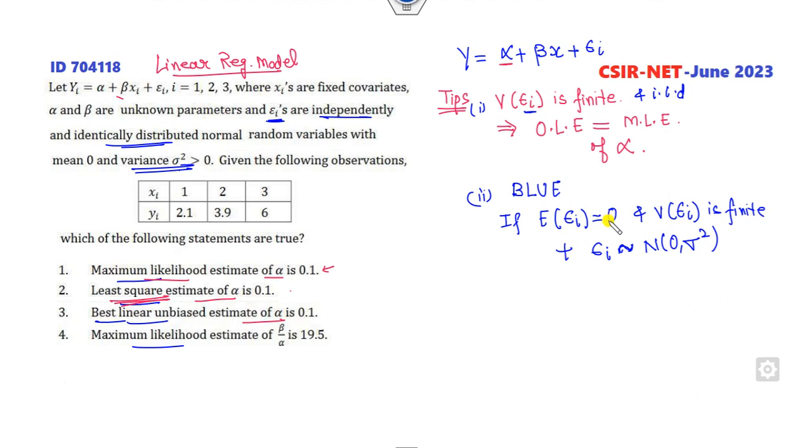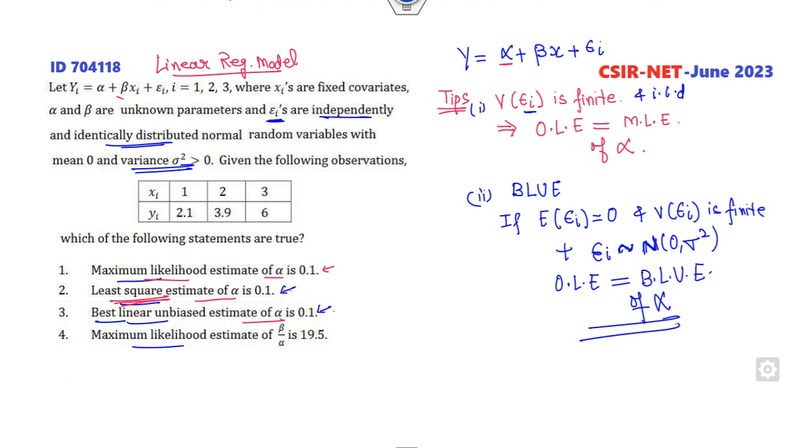Epsilon i can be of any distribution, it can be Poisson, it can be any, but if it follows the normal distribution, then the ordinary least square estimator is the same as the BLUE estimator of the parameter alpha. So you can see if the second option is correct, the third option is also correct.